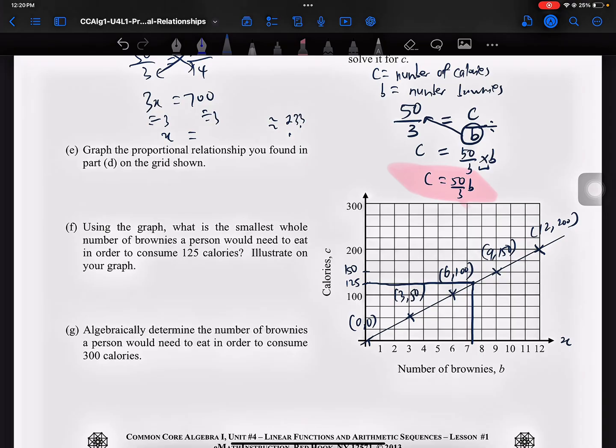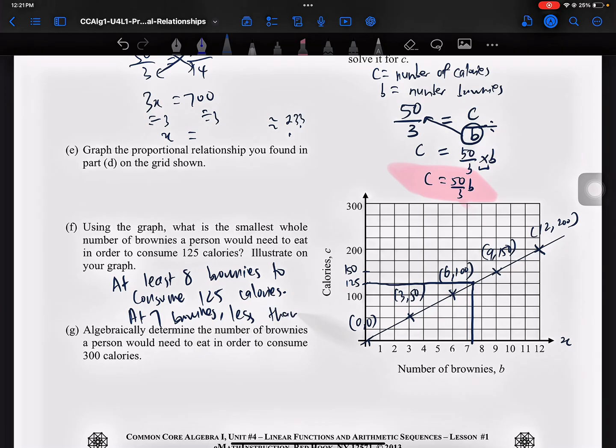So you need at least 8 brownies to consume 125 calories. At least. 7 brownies is less than 125.